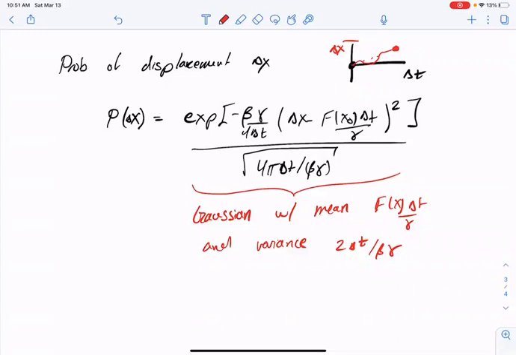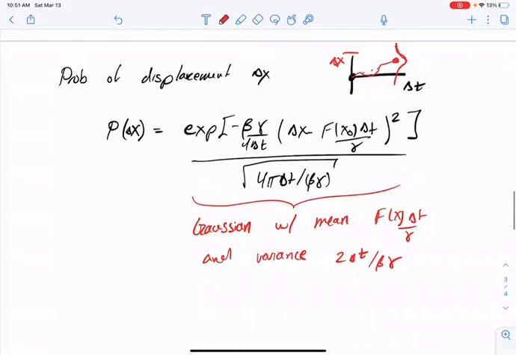And in addition, the spread coming from the distribution of random noises that are added to the system.